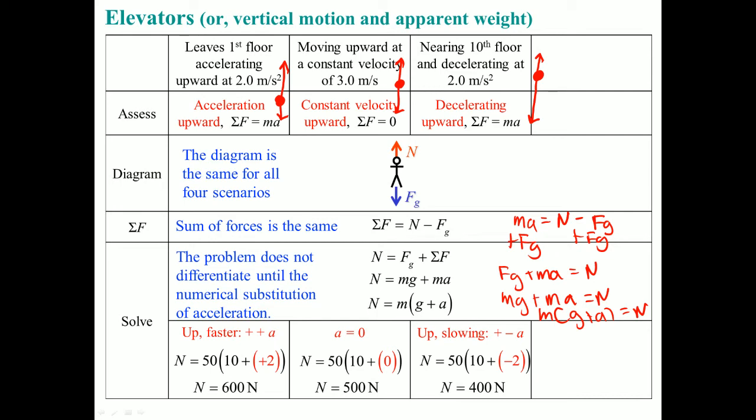So it's 50 times 8. Notice that this is the normal weight, right? Here it's 600 newtons, so you're going to feel heavier. And when you're slowing down, look, it's lower than the 500, so you are going to feel lighter.